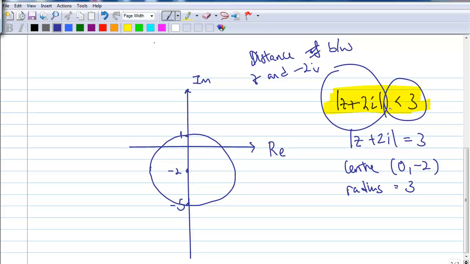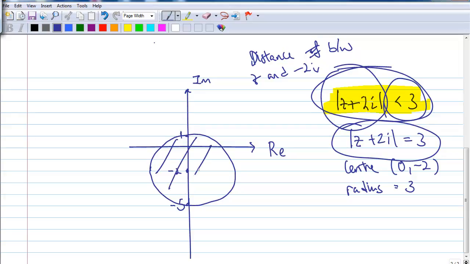Now this locus, the one below, tells you that we are looking at all z that satisfy modulus z plus 2i equals to 3. In other words, these are the points on the circle, and its distance from the point minus 2i is 3. Now that means for all z values that satisfy this locus must be the points that are all inside the circle.